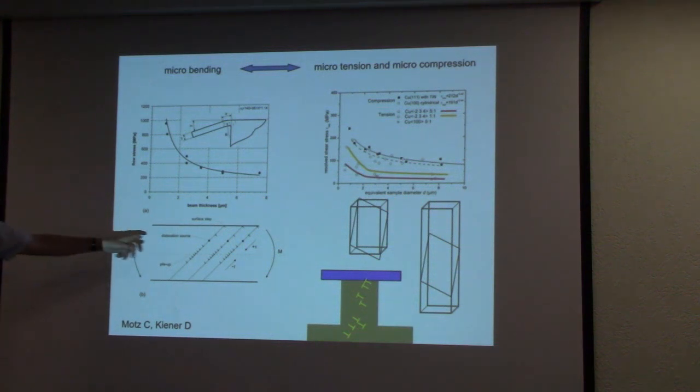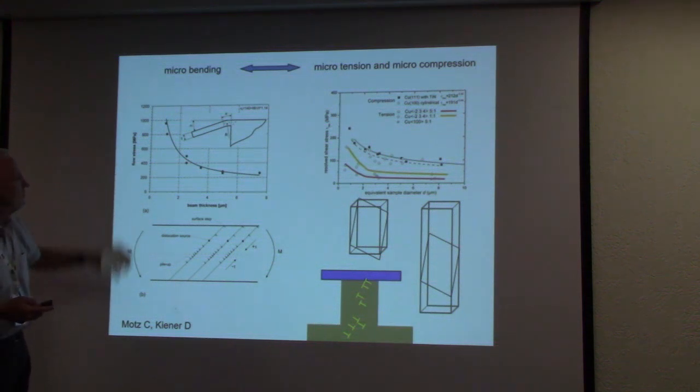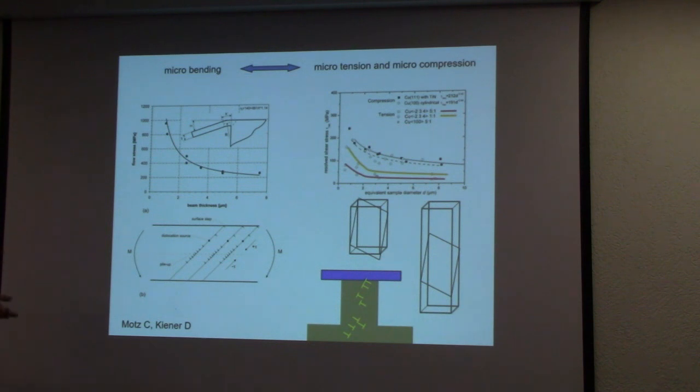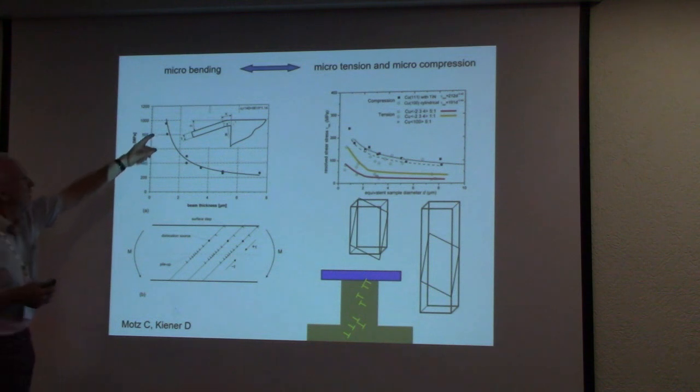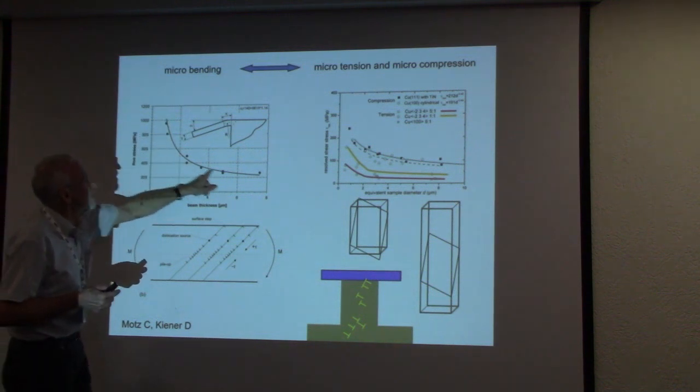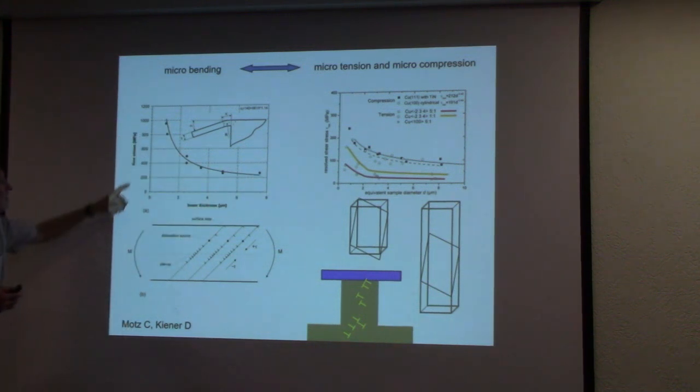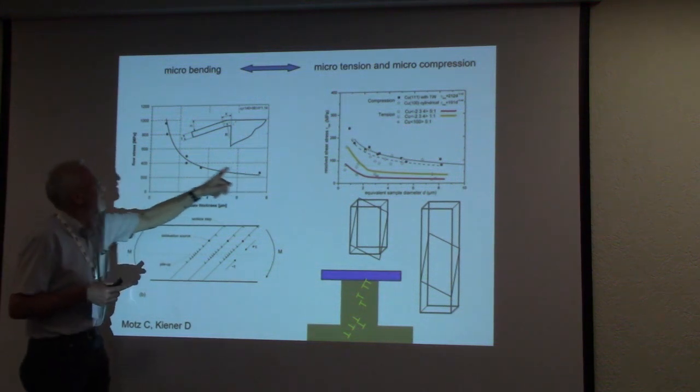Or when you look, for example, at a medical device with small dimensions, which are mainly bent, or at flexible electronics, which are also mainly bent, you see that the yield stress of this copper changes again from 200.